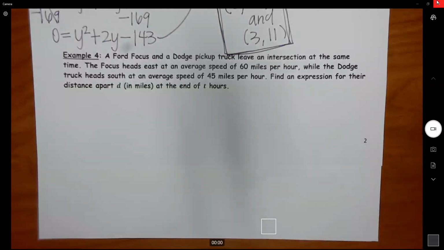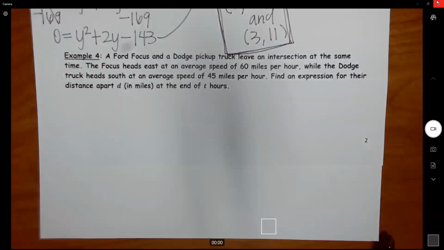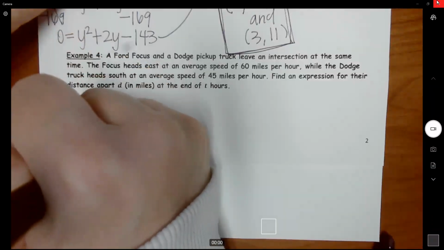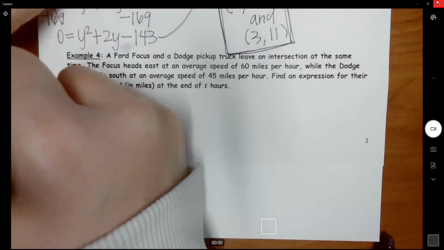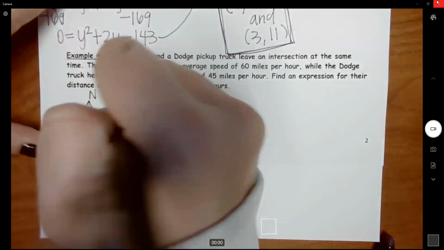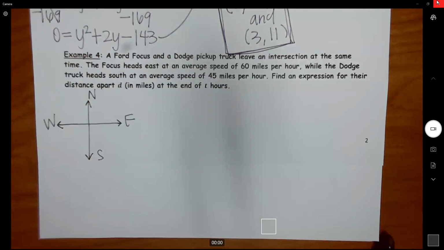Find an expression of their distance apart d in miles at the end of t hours. Here are my roads. This is north, east, south, and you guessed it, west.